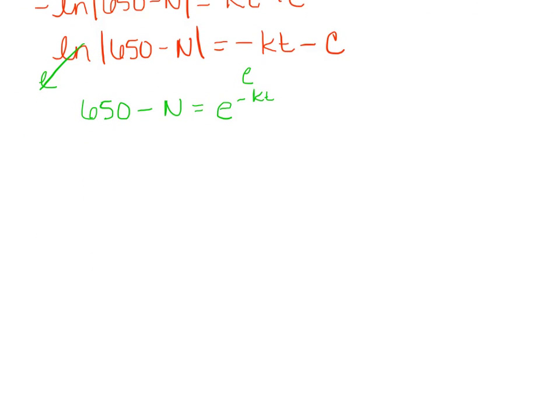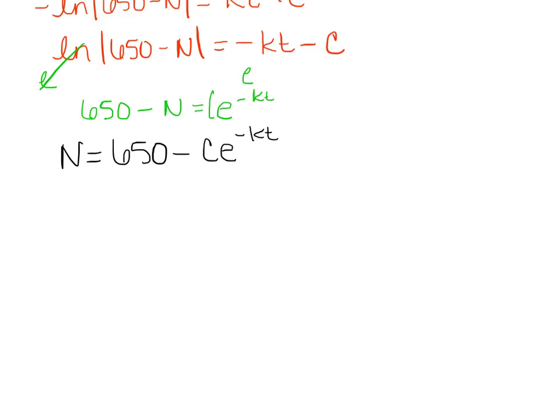Hopefully, from our previous sections, you remember that when we integrate, we now have to include our constant in here with this e, and that's c. So if I solve for n, I now see that n is equal to a positive 650 minus ce to the negative kt.